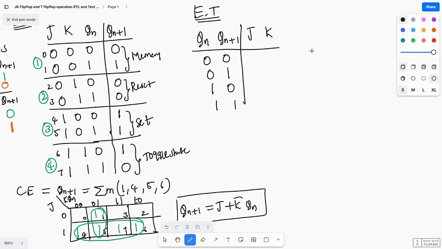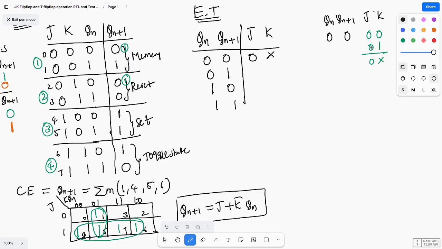If it is 0 0, see the possibilities: Qn and Qn plus 1 are 0 0, and this is also the first one, Qn and Qn plus 1 0 0. So J and K values are 0 0 and 0 1. If you combine, what you are getting? 0 don't care.